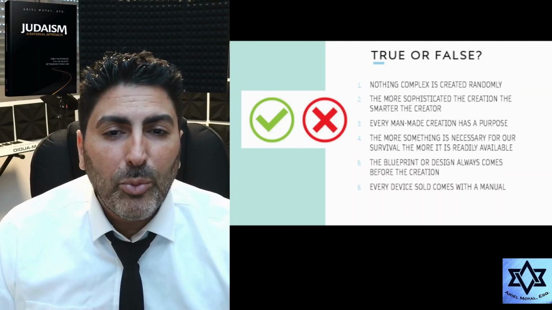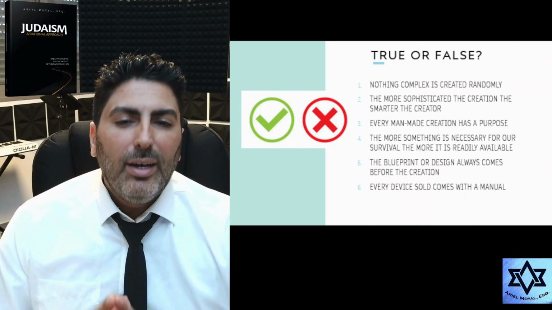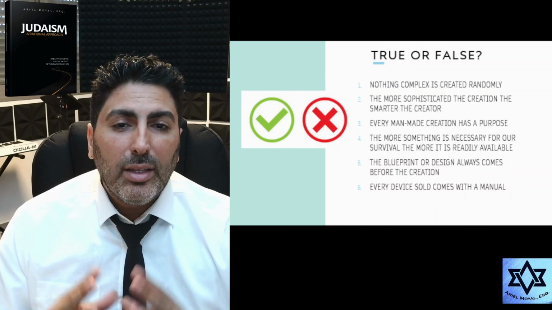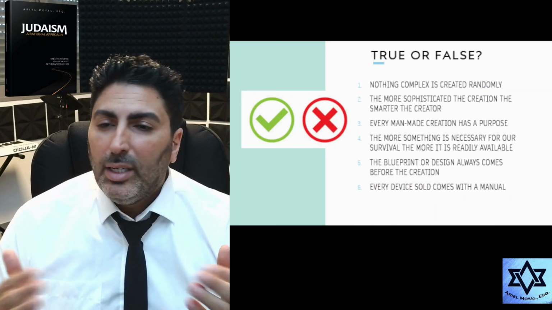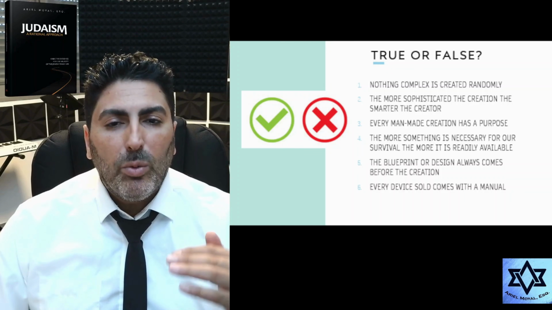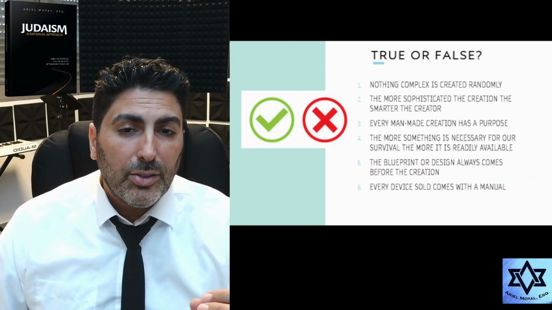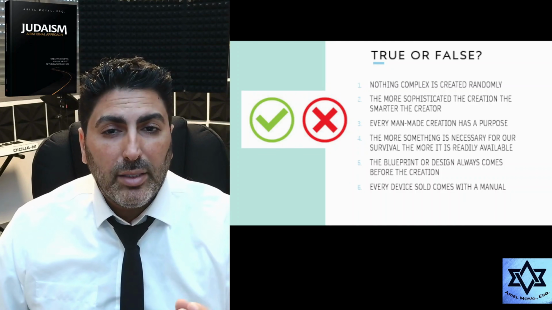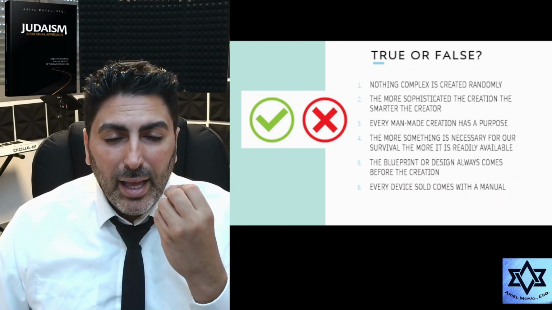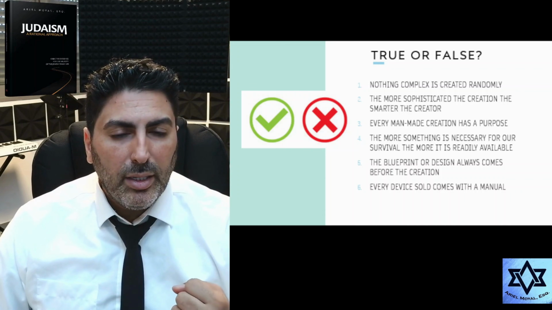At some point, they might find a way to charge us for the air we breathe, but at the moment, oxygen is available for all, and it's the most basic thing that we need. Now, we go up to water and food. These things are more readily available. When we start getting into luxuries, those are things that become more scarce and a lot more expensive. So the more something is elementary for our survival, the more readily available it is.